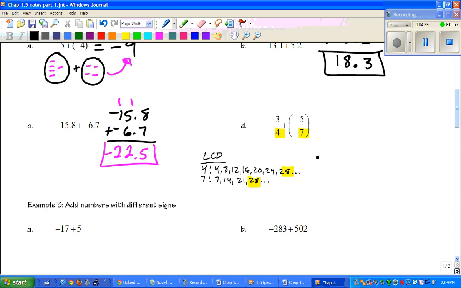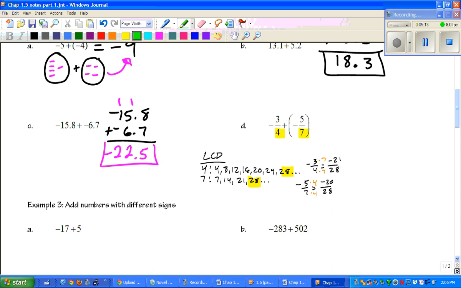So we have to change these, so negative 3 over 4 and negative 5 over 7. We have to multiply the first one by 7. 3 times 7 gives us negative 21. In the bottom, we multiply by 4, and we get 28. The second one, negative 20 over 28.